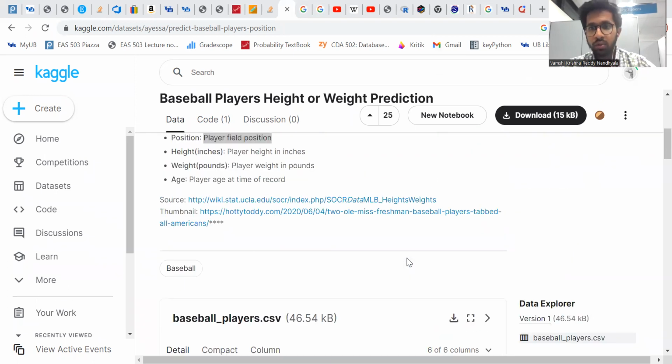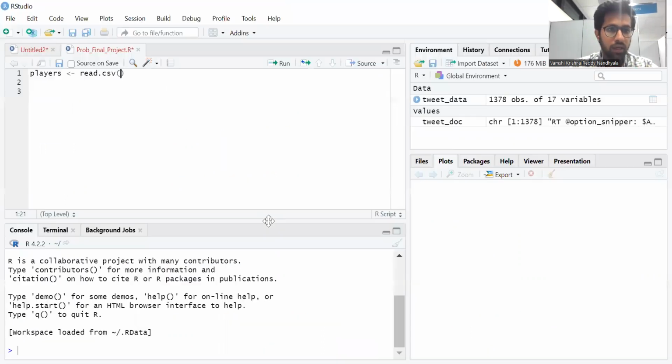So let us pull this data set into our environment and perform various actions that were discussed in the classroom. Without getting delayed, let's go to our studio and pull the data set. I have downloaded this data set earlier on my local machine, so I'm just going to fetch the file path, and from there I'm going to read the data set.